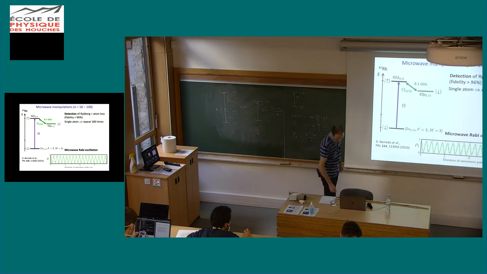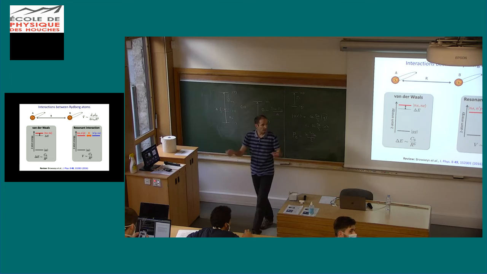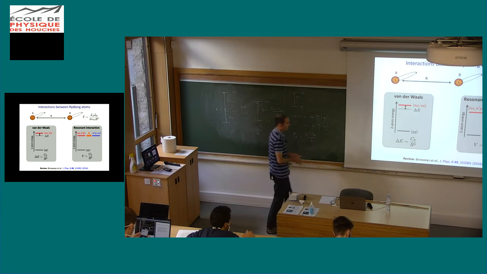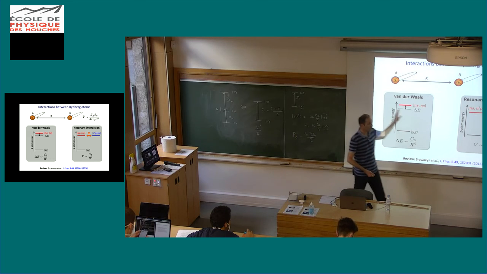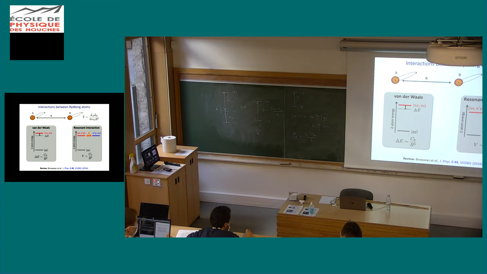Okay, so now what we're going to do in the next 15 or 17 minutes is try to see how we can measure the interactions between two atoms using all these methods. So we saw this morning that essentially there are two ways for the atoms to interact when we consider only the dipole-dipole transition.